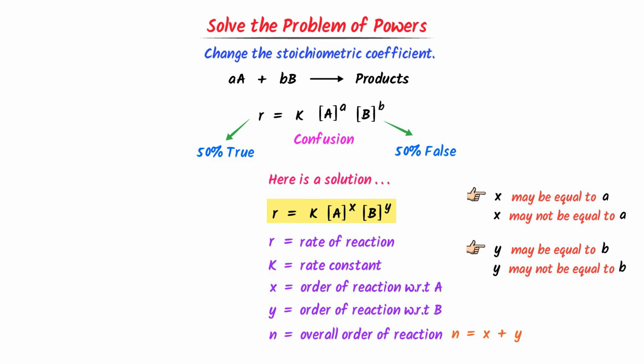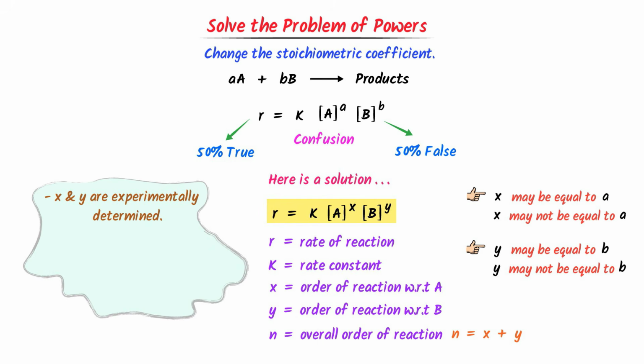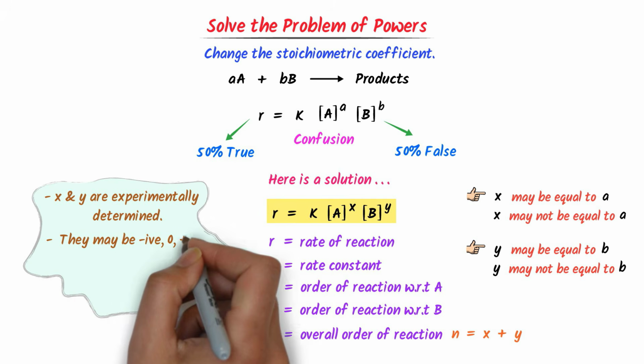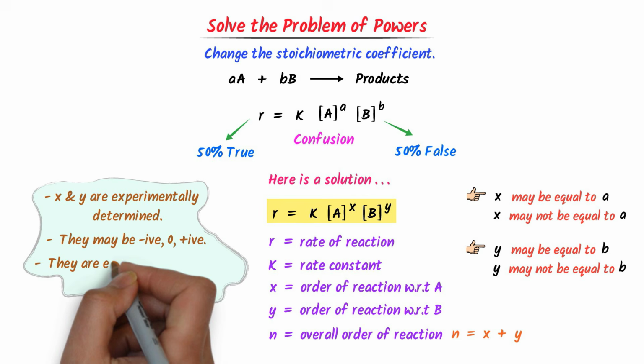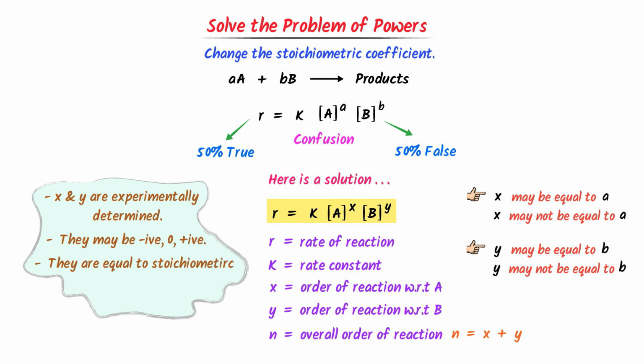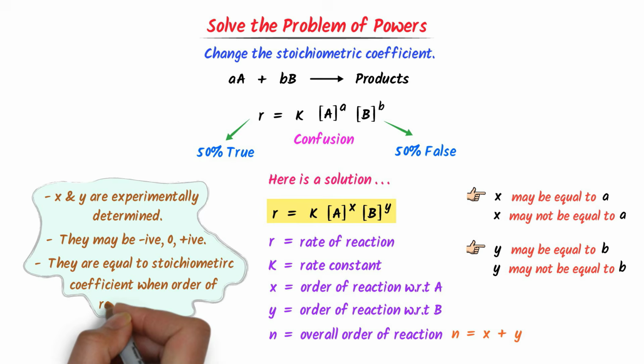Also remember that x, y are experimentally determined. Secondly, they may be negative, 0 or positive. Thirdly, x and y are equal to the stoichiometric coefficient only if the reaction is one step or single step. Thus, note down all these important points.